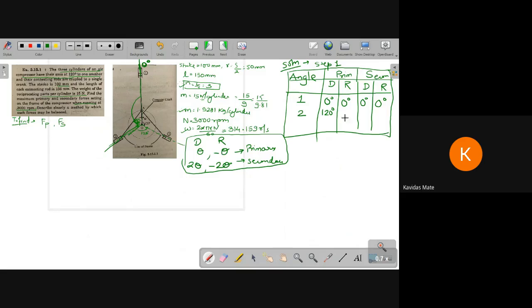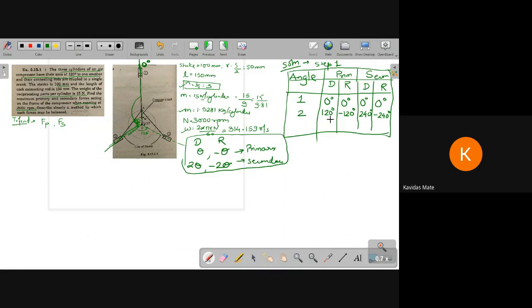What will be the reverse? The reverse would be minus 120 degrees because it is negative of theta. What would be the direct for secondary? It would be 2 times theta. So 120 into 2, that would be 240. This would be minus 240 degrees because it is minus 2 times theta.